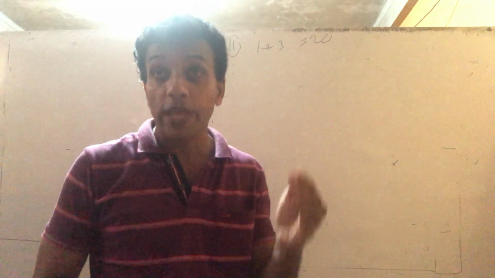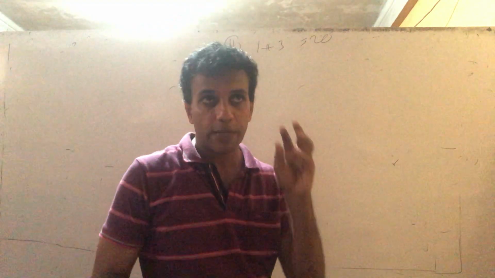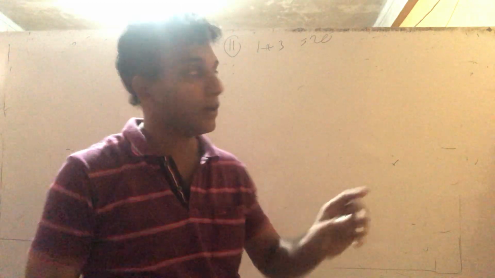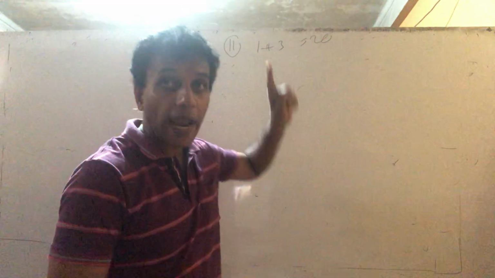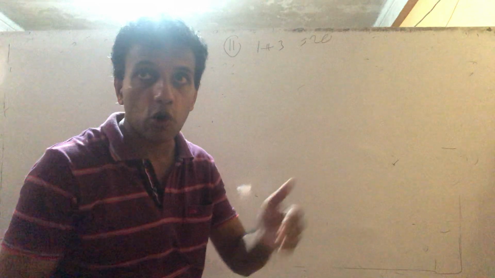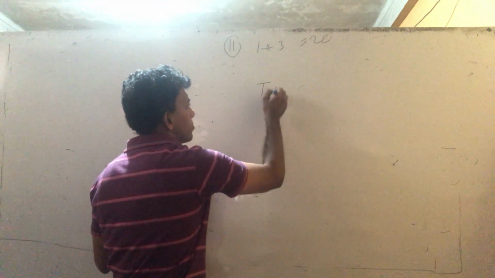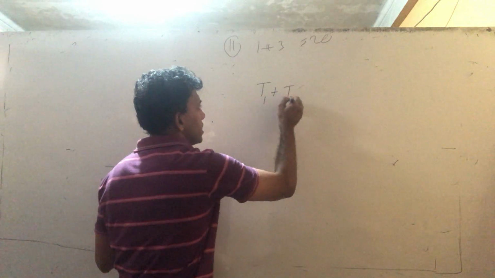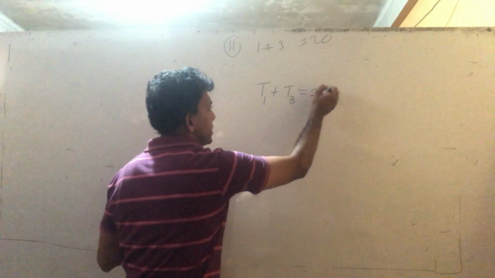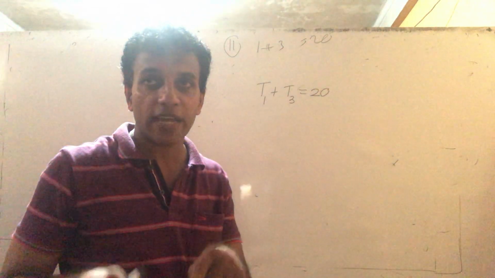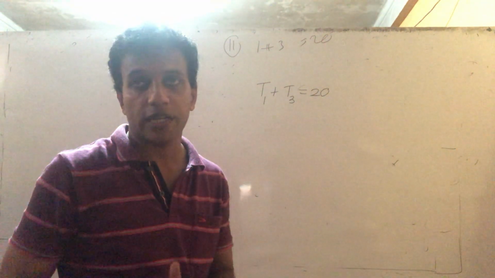If they ask, how do we show the sum of the first term and the third term in notation form? T1 plus T3 is 20. Sometimes they will give it like this, with the same meaning as the sentence form.